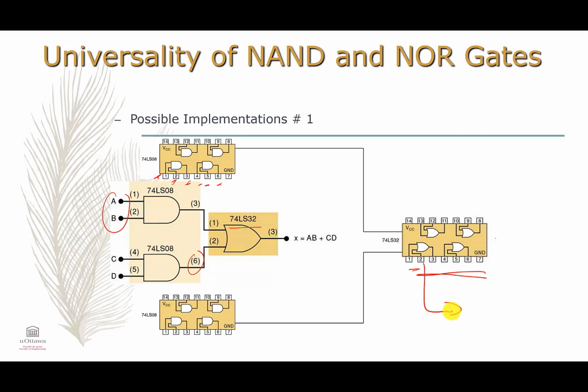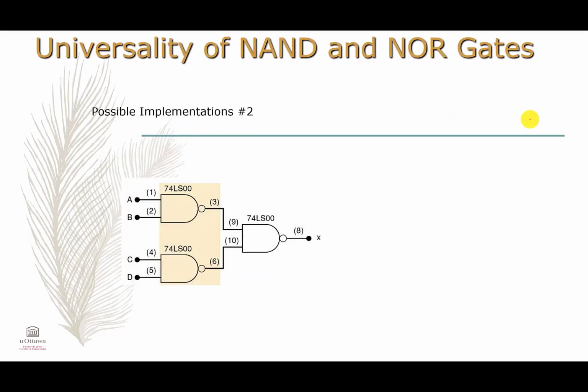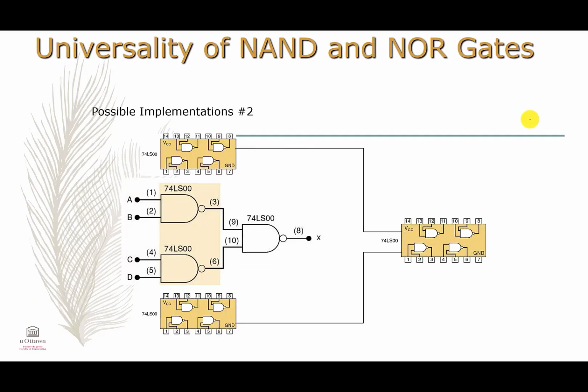Now let's suppose that myself and, let's say, Jason, who's in the class, implemented that. And we have another implementation, based on De Morgan's law.